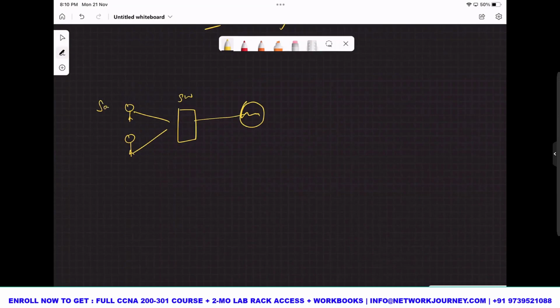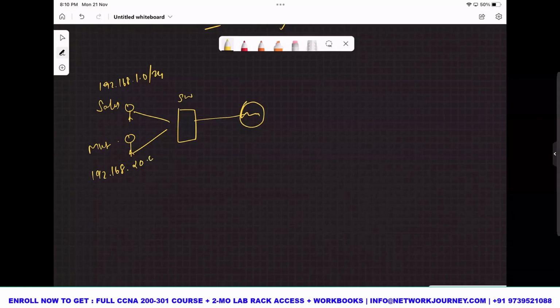You have a sales guy and a marketing guy. Sales guy is located on this IP, and marketing guy is located at this. So he is on VLAN 10 and he is on VLAN 20.